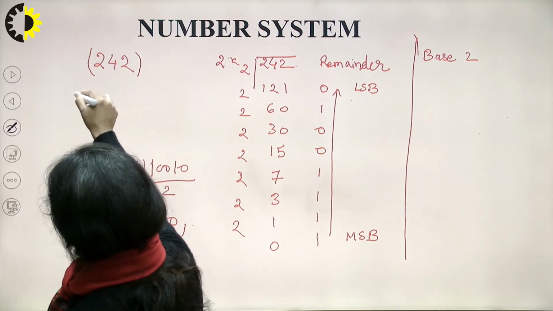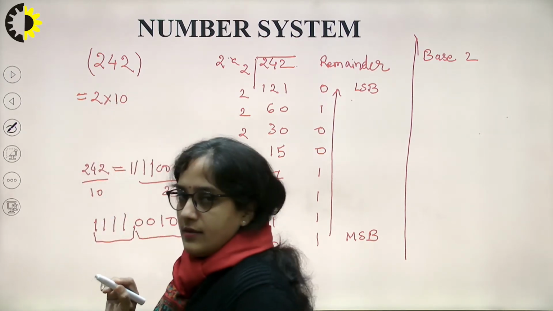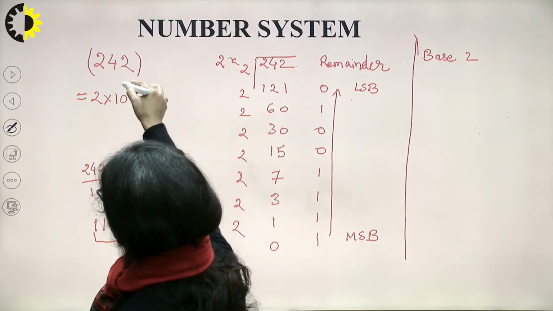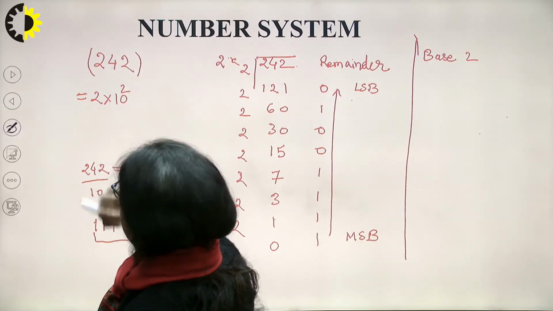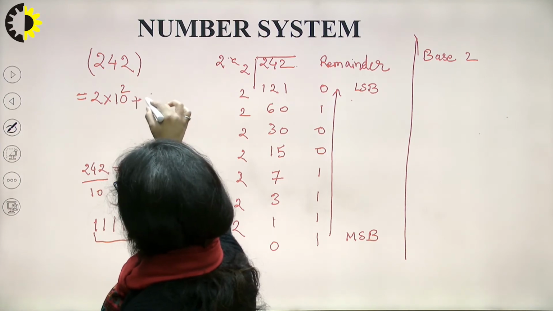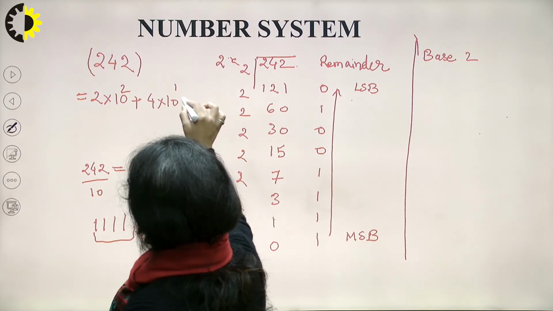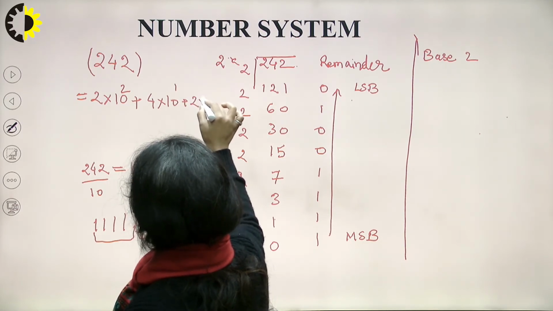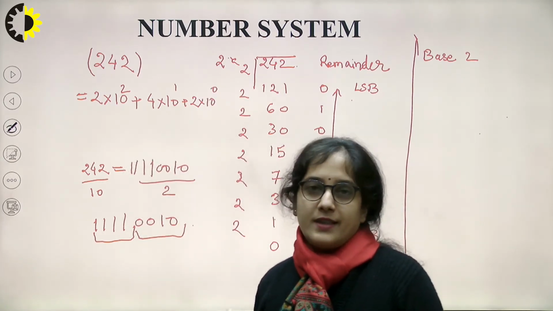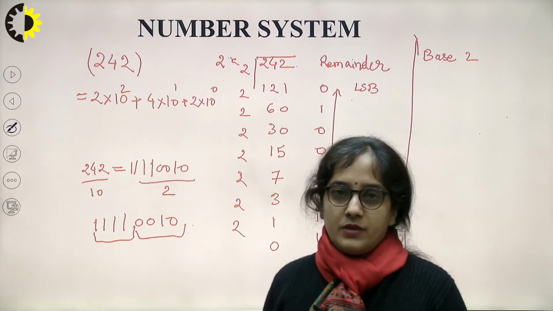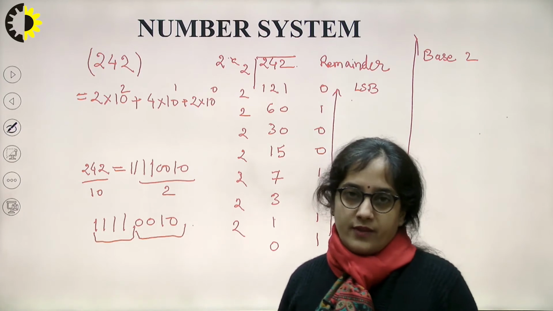We can write it as 2 into 10 to the power 2, then 4 into 10 to the power 1, plus 2 into 10 raised to power 0. This is the expansion form. You have already studied this expansion form. So, this 242 can be written in expansion form in this way.